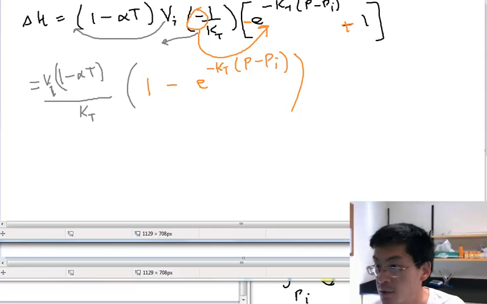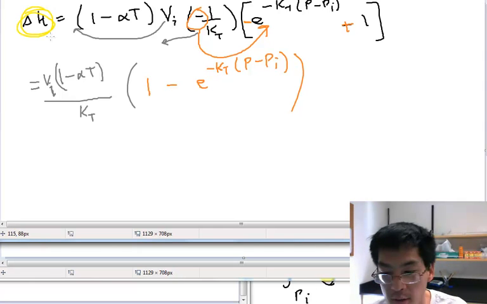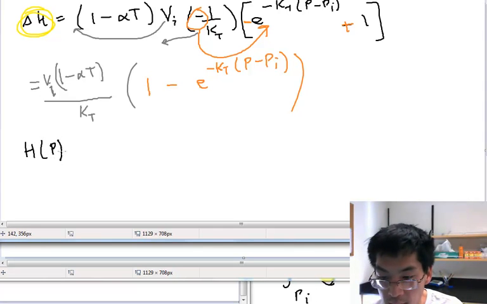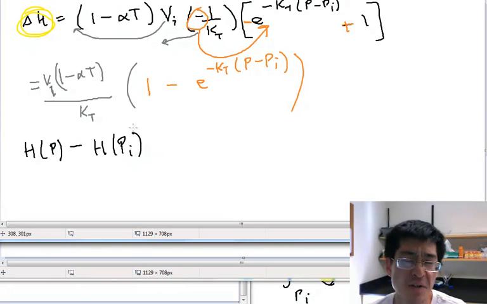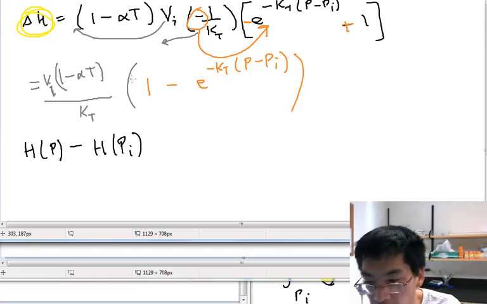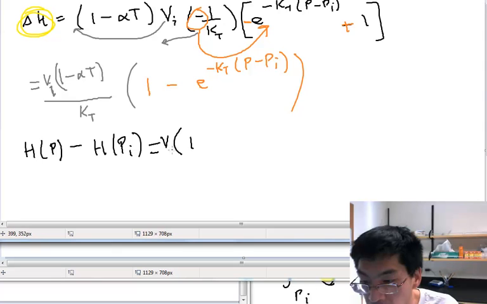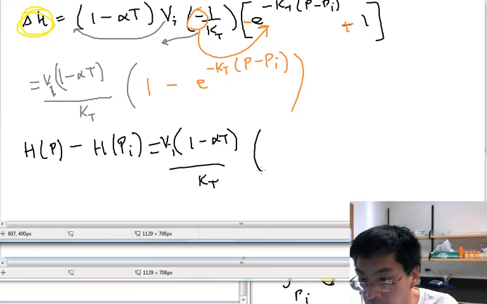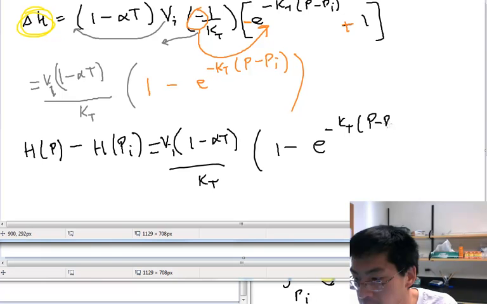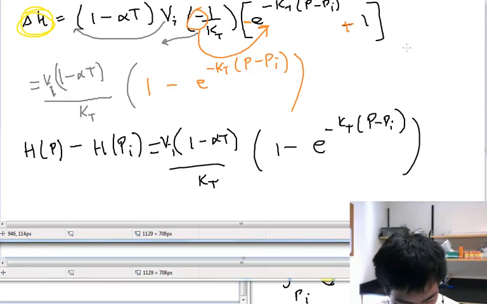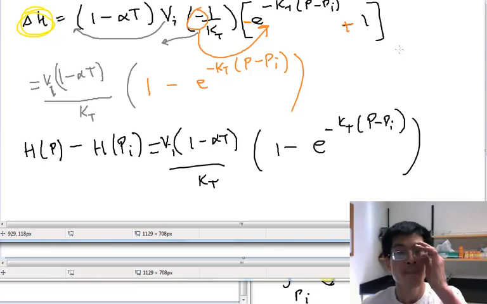Delta H, which means H of p minus H of pi, or in other words, h of p final minus h of p initial, equals vi times 1 minus alpha t over kappa t times 1 minus e to the negative kappa t p minus pi. Oh gosh, that was so hard.